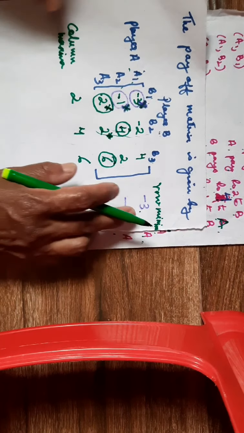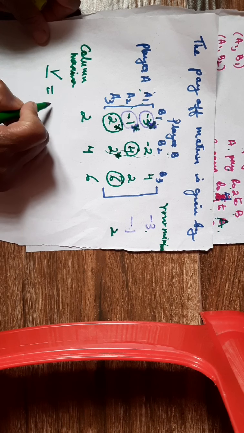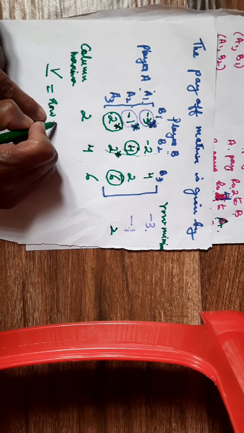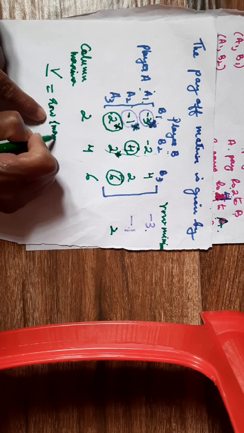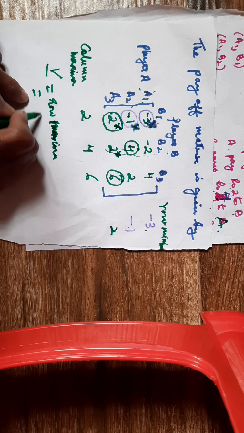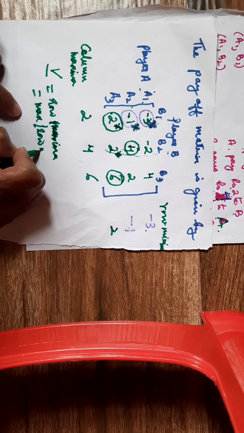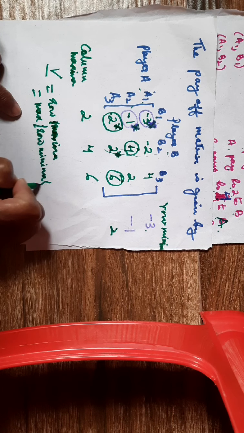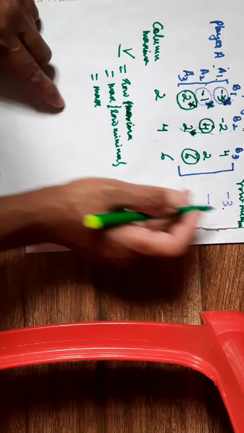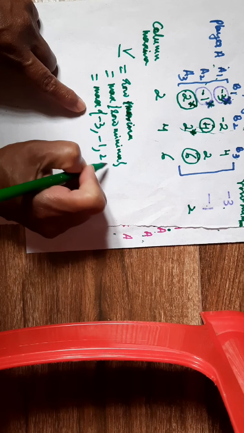So after finding the row minima and the column maxima, we know that V lower bar is equal to the maximum of the row minima. Maximum of which entries here? The row minima are -3, -1, 2.